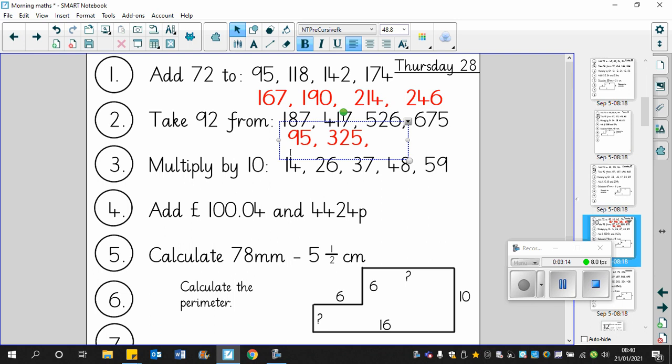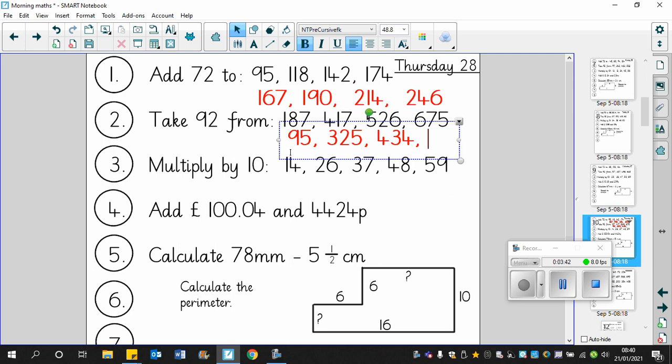Well, if we take away 90, 90 is nearly 100, so if you're taking away 100, then you're going to end up with 400 and something, aren't you? So 526 take away 90 is going to be 436. And we have to take away another 2, so therefore it's 434. Yes, that's correct. Just doing a little bit of maths there to check.